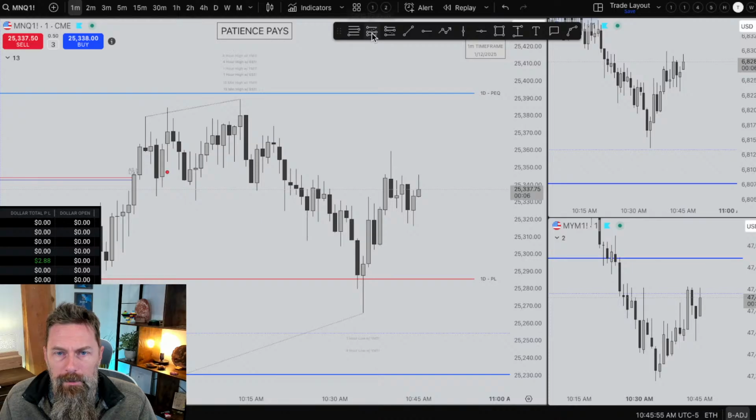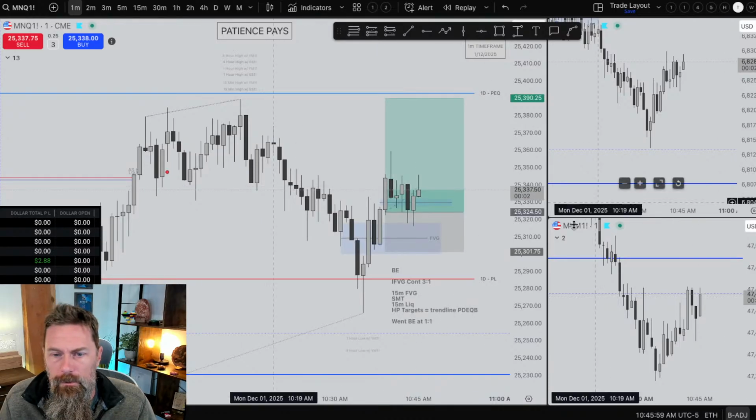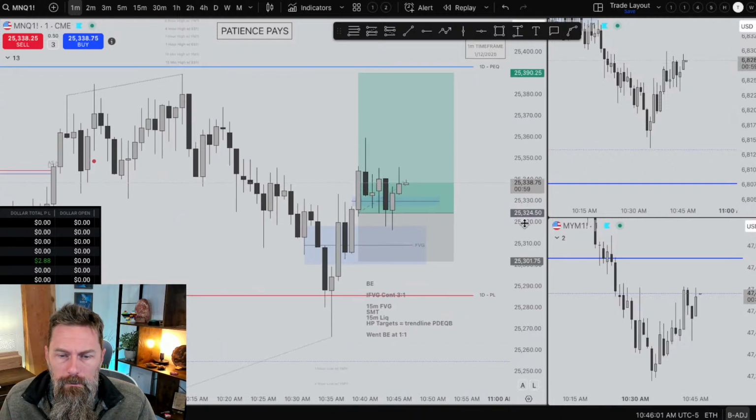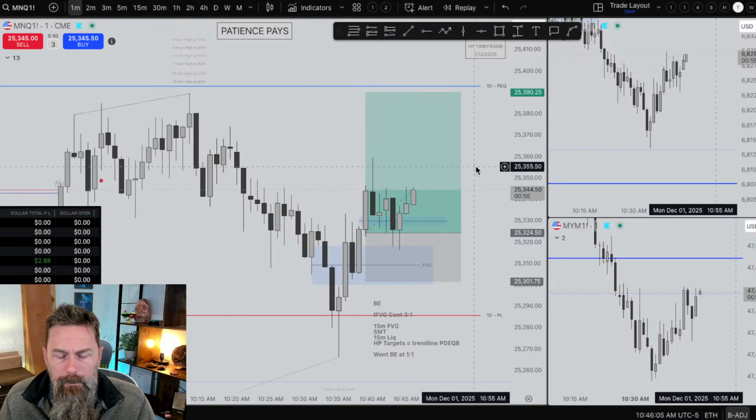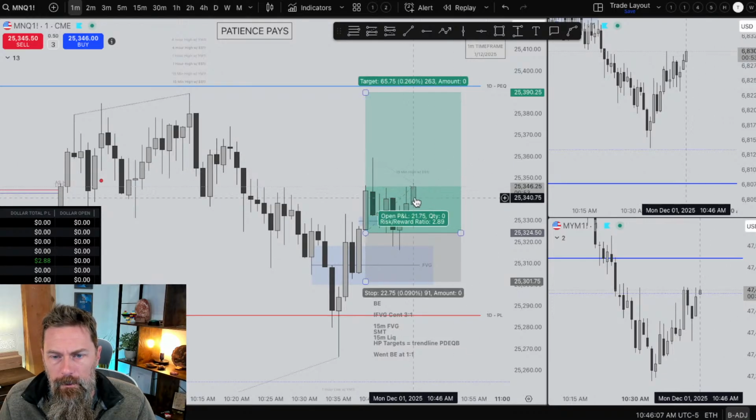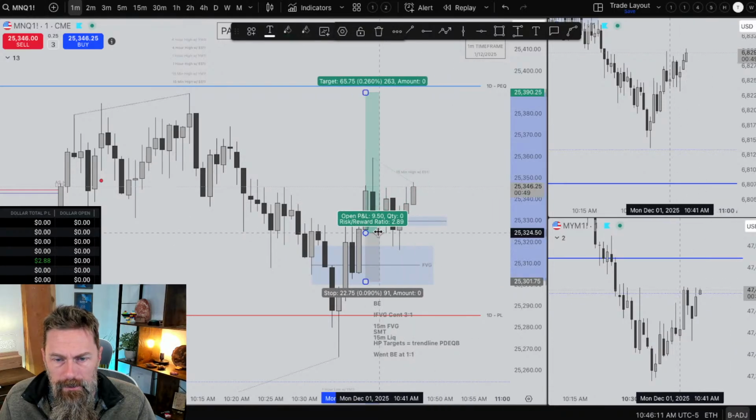I guess I could put the position tool back on until we see one way or the other. There we go. Looking a little better, but there's a tailless candle right there. I'll move this to the side.